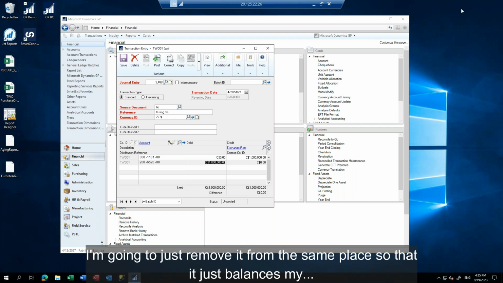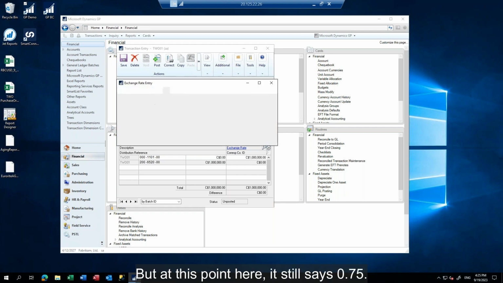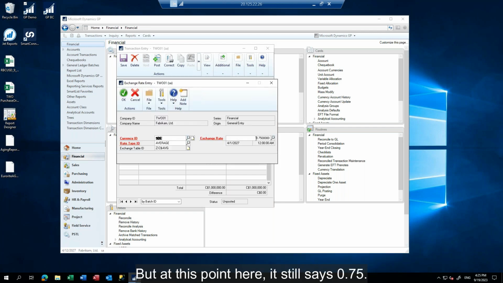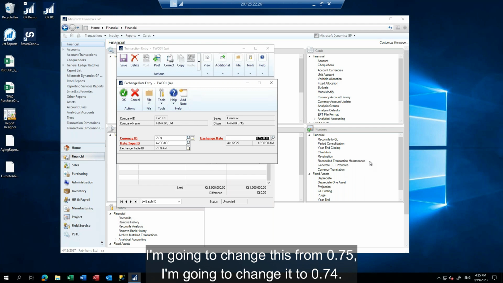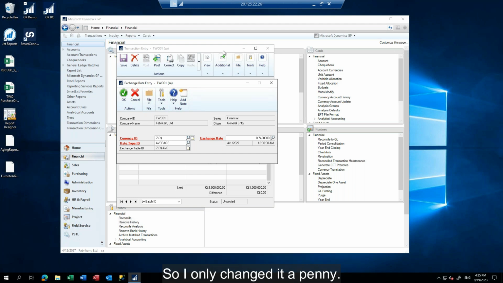I'm going to just remove it from the same place so that it just balances, but at this point here, it still says 0.75. I'm going to change this from 0.75 to 0.74. So I only changed it a penny.